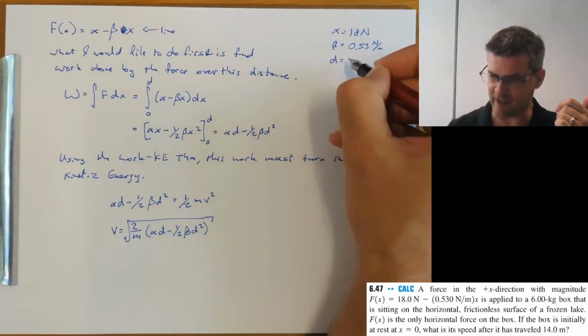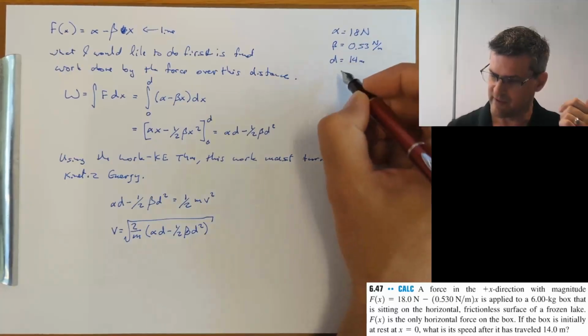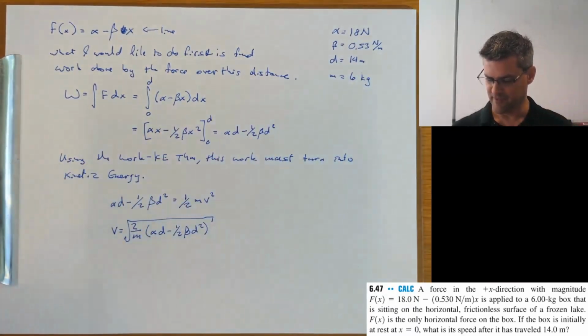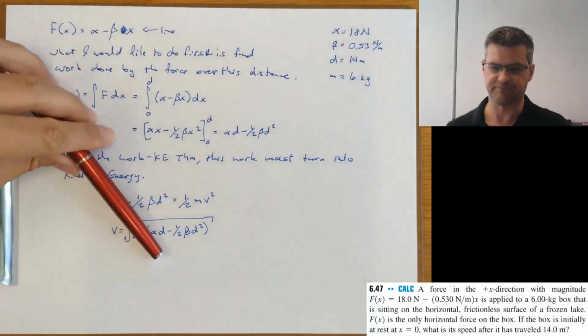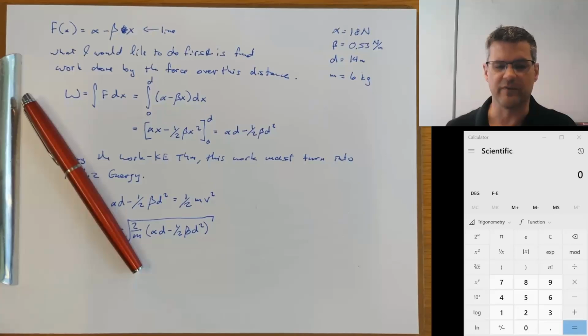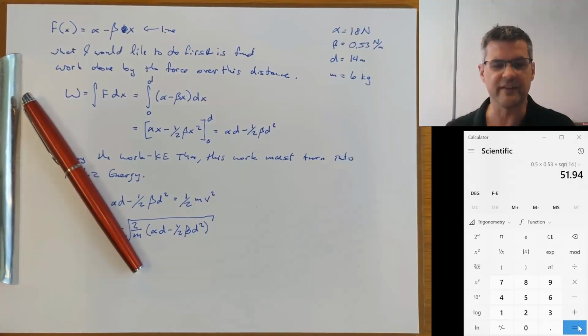So d for our problem is 14 meters. The mass is 6 kilograms. So let's pull out our calculator. We've got 0.5 times 0.53 times 14 squared is equal to this.